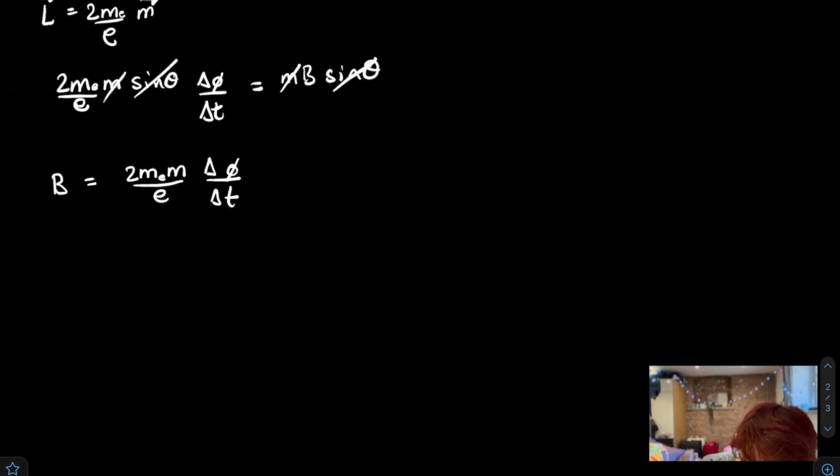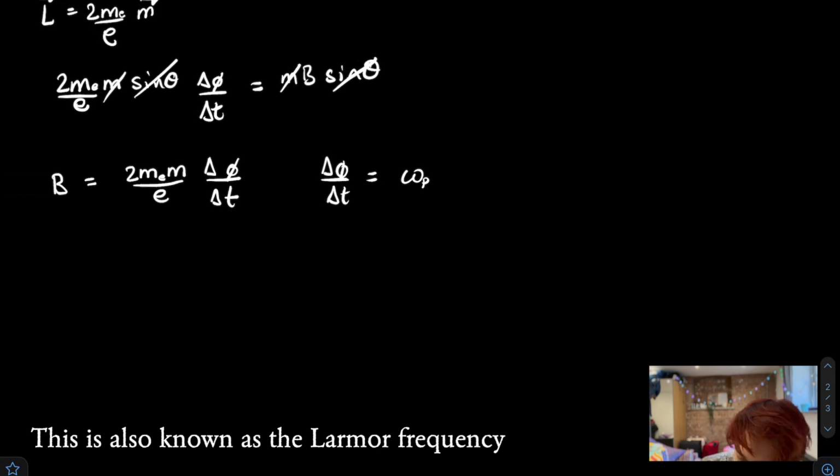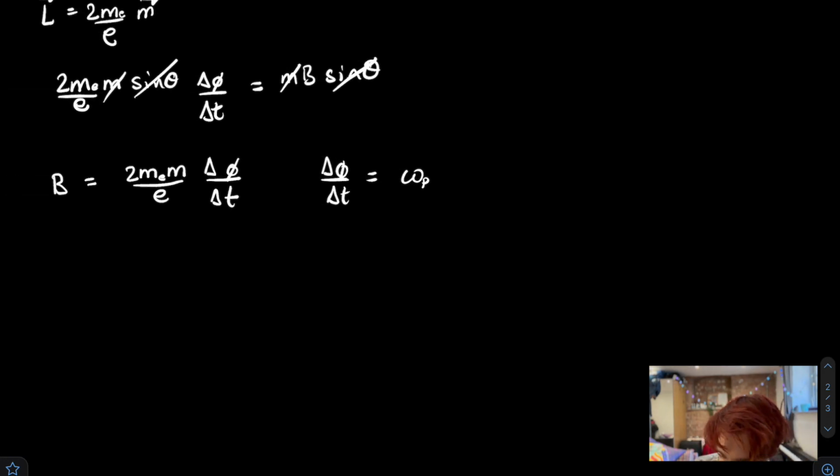And I'm going to define delta phi divided by delta t as the precession frequency, omega p. So this is the frequency at which the atom is precessing on its orbit, and the time taken for it to get back to its original precession angle.